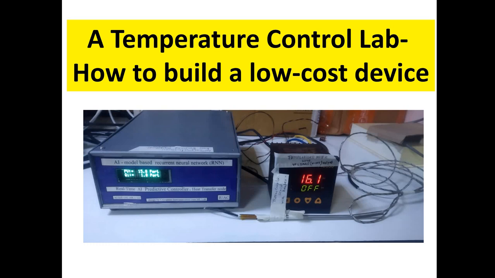So the idea is that you are going to give a fixed power to this heater, and temperature will exponentially rise. So as you can see here, 16.1 degrees, this device will read as 15.8, slightly less. It is almost close to 16.1.